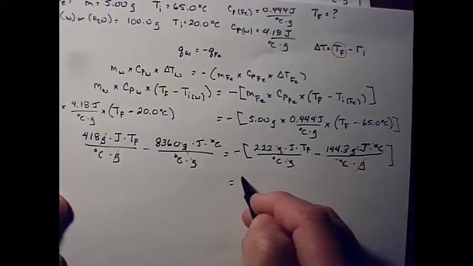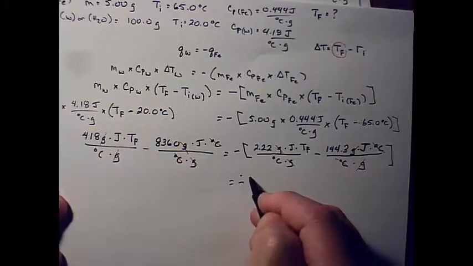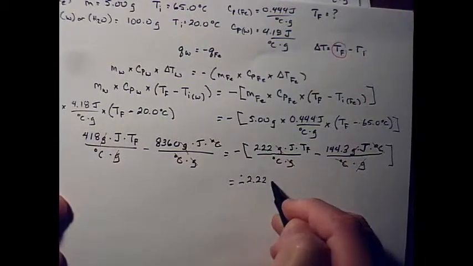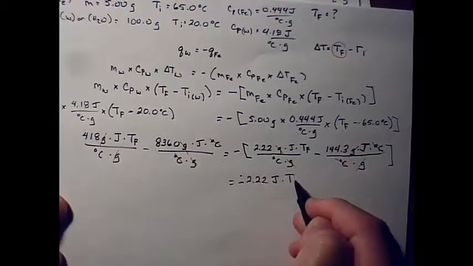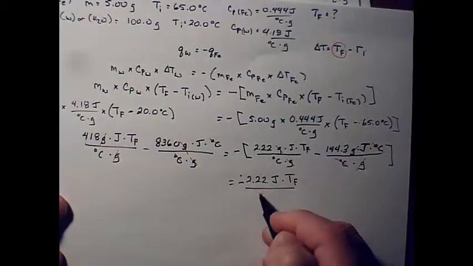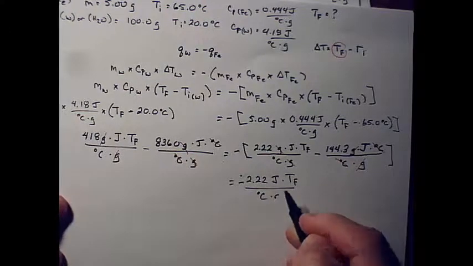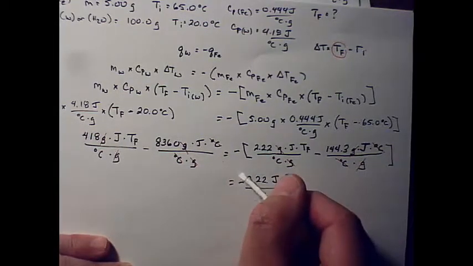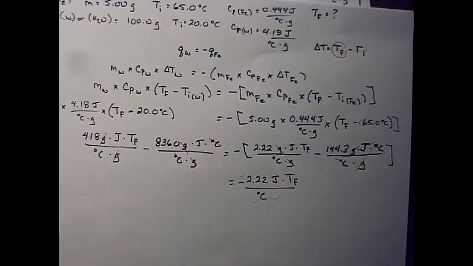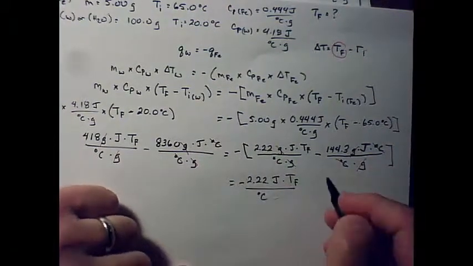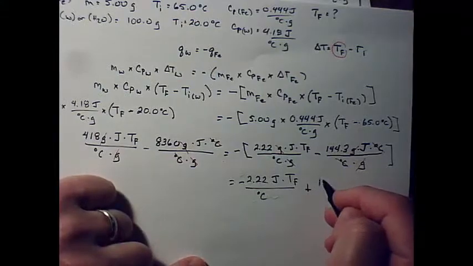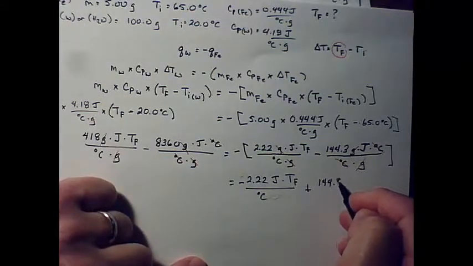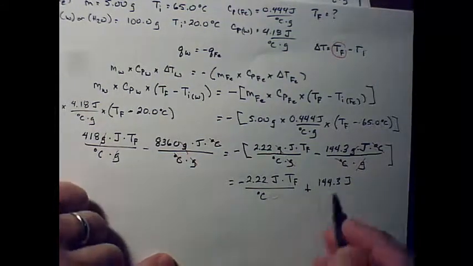So this becomes negative 2.22 joules times T sub F over degree C, grams are going away. And then this negative times this negative gives me a positive 144.3, and all we have left are joules here.